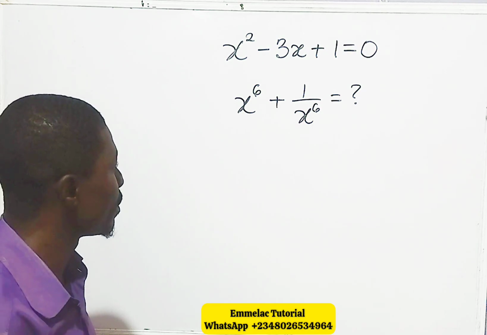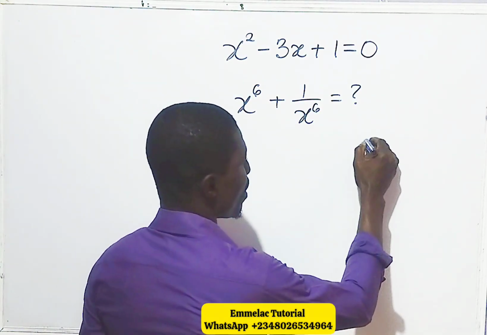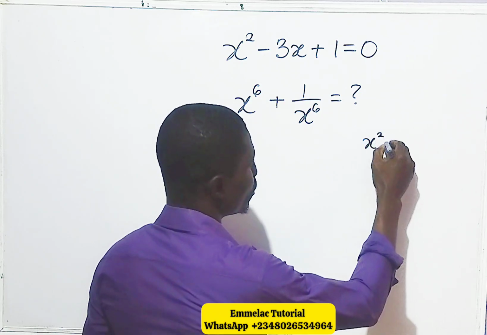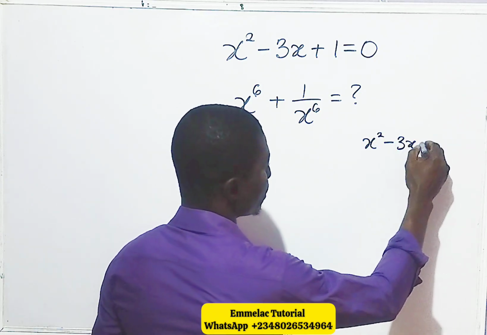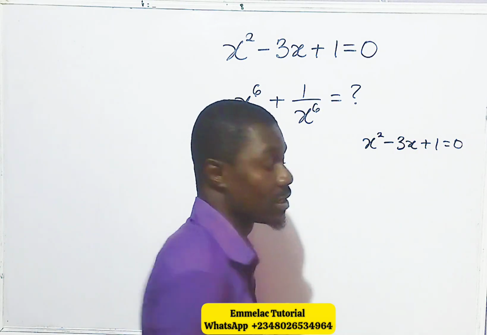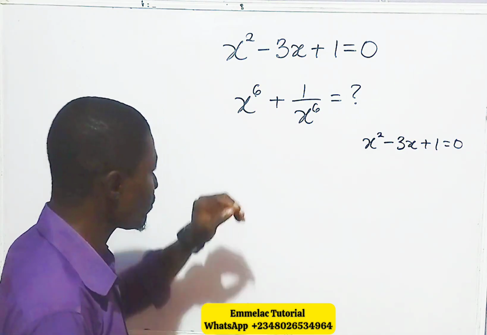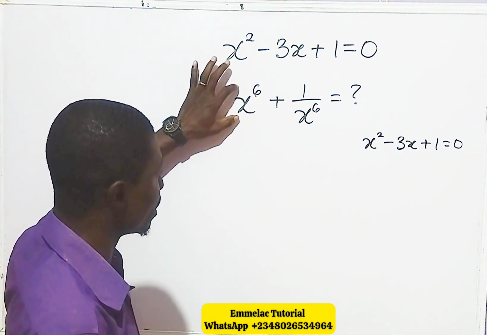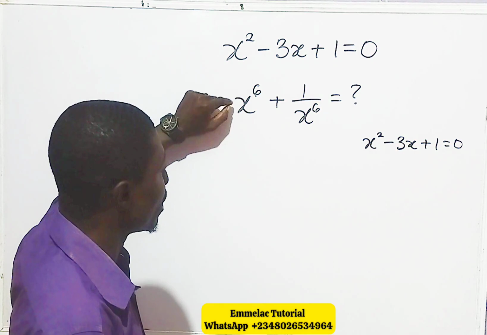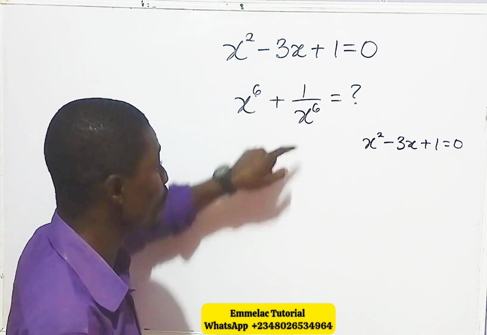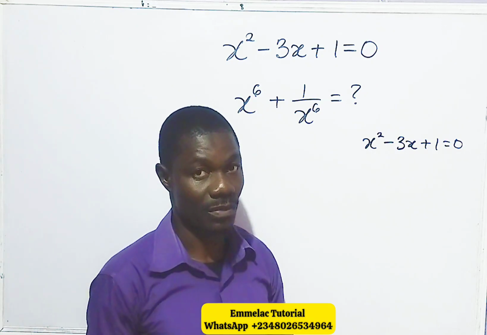Okay, so let's come here. You have x raised to 2 minus 3x plus 1 equals 0. Now, first of all, I want to come up with an expression like x plus 1 over x. Let's start with that.